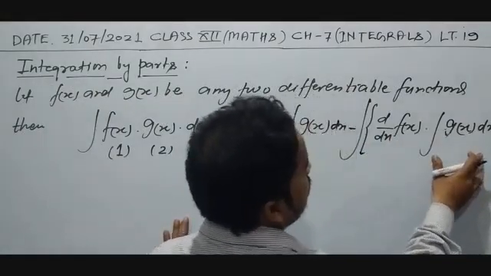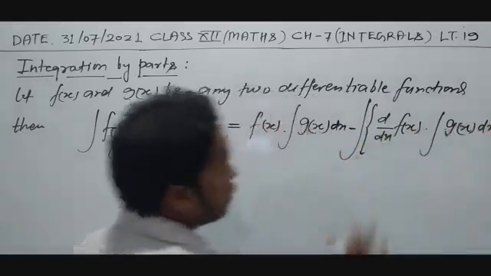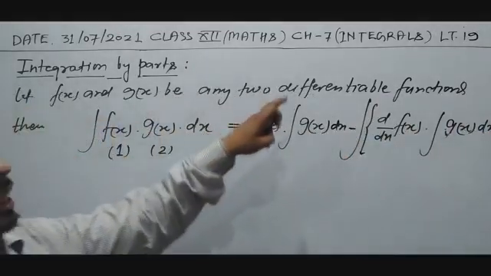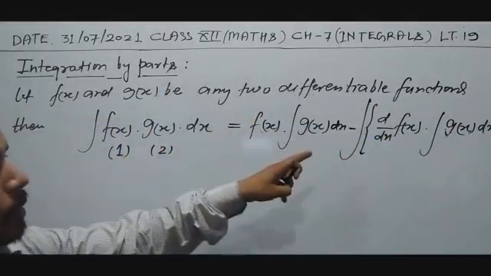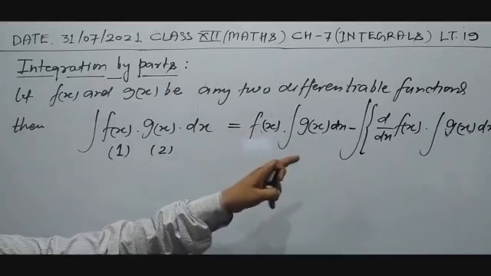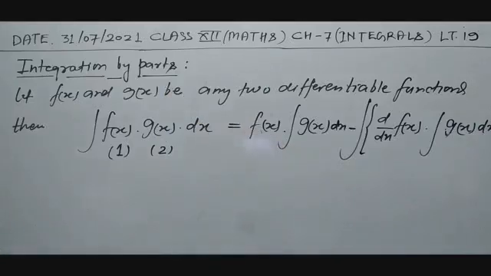Now the curly bracket closes, dx means we have to integrate again the product of the first function's differentiation into the integration of the second function. So how does this result come?